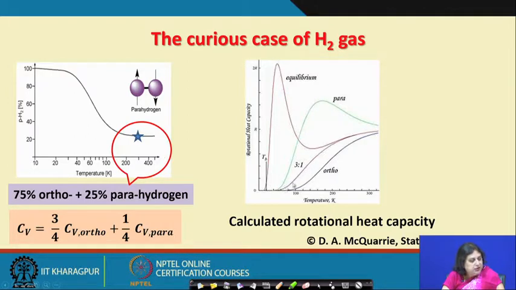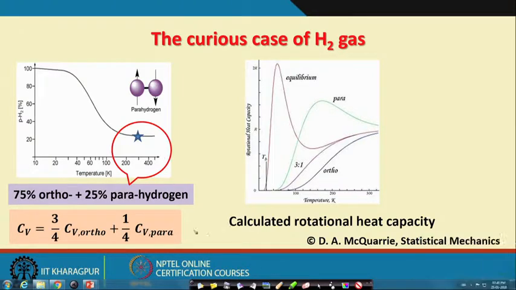This is the result of the variation of CV with temperature when you use this 3:1 combination at low temperature. So, at that very low temperature, this is what you would have expected had there been an equilibrium between the ortho and the para hydrogen as predicted at this low temperature.